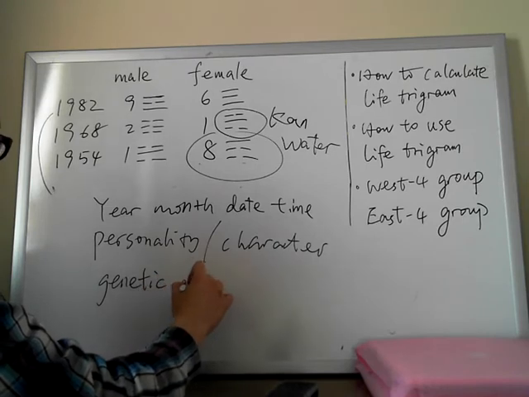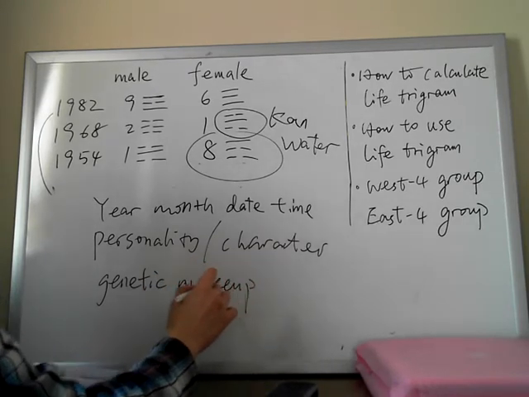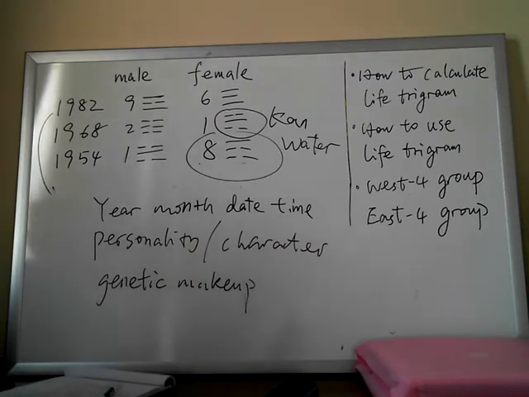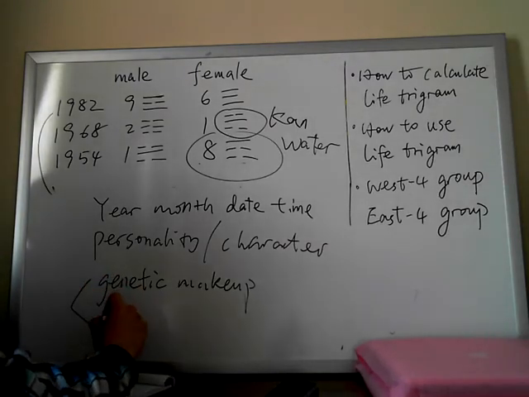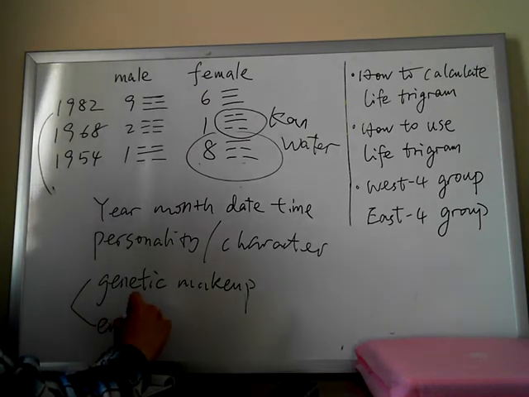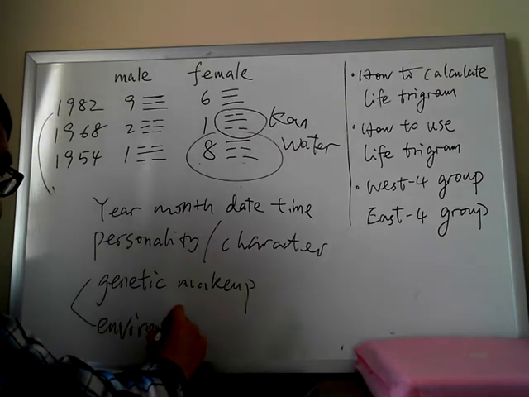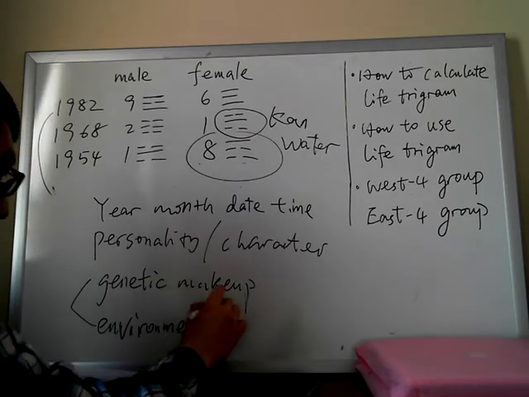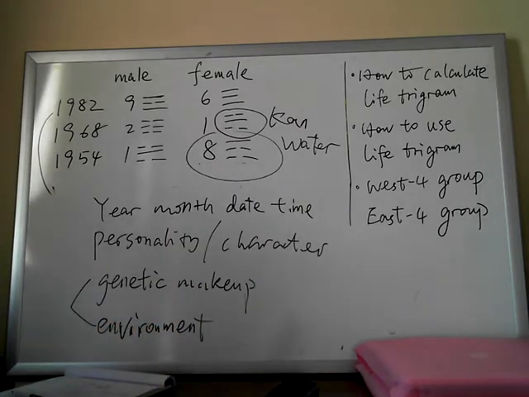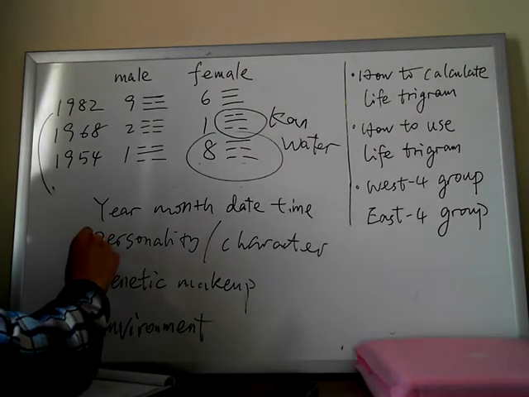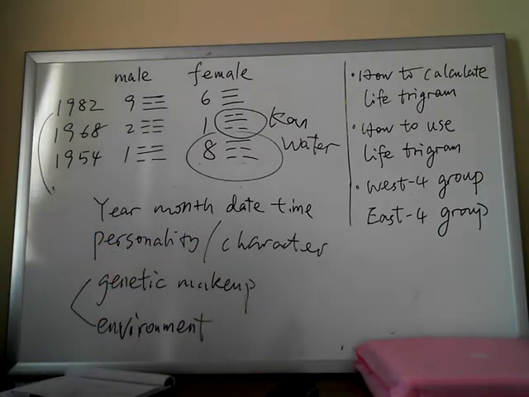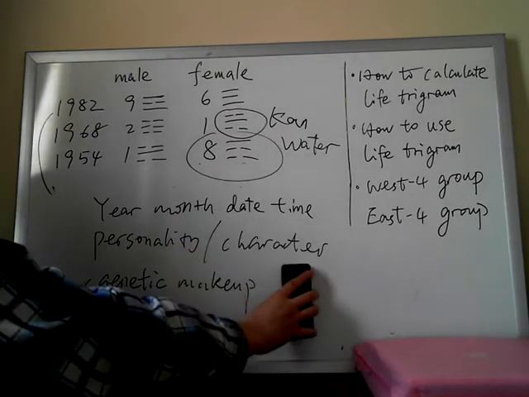It's the genetic makeup that primarily determines a person's personality and character, and probably also the environment after he or she was born, like the people he or she meets in life, like teachers or friends. Using astrology alone to forecast personality or character is definitely not enough. Don't do that.